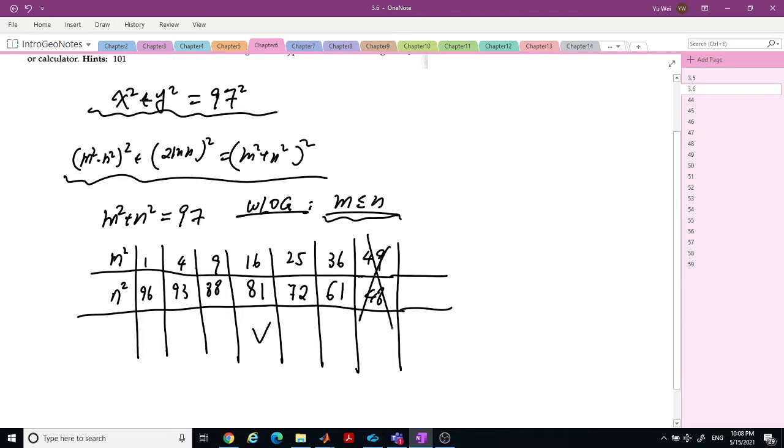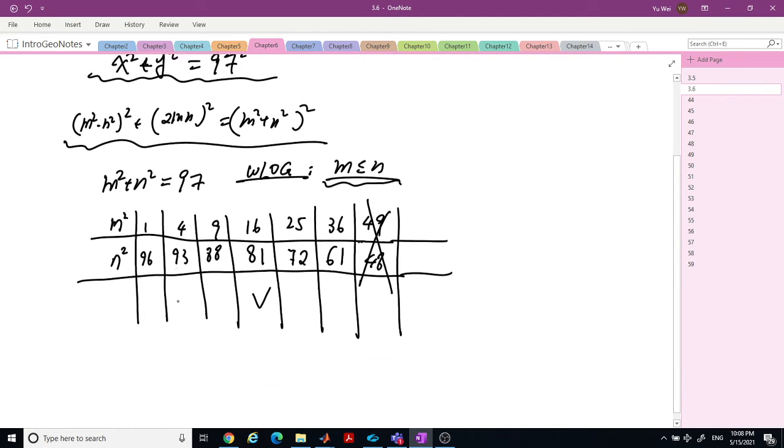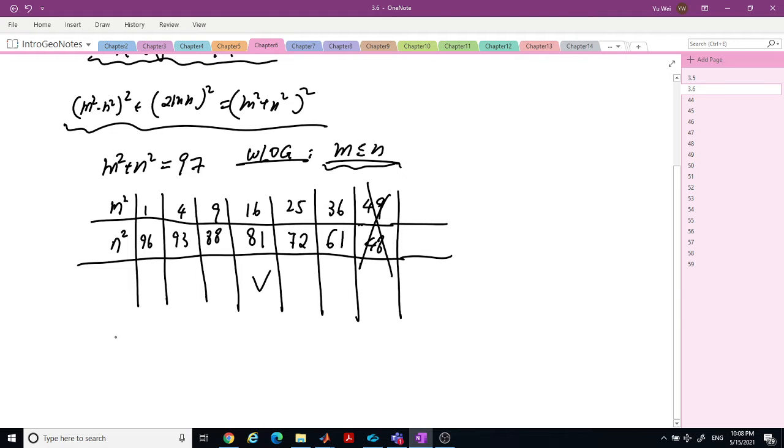So this is done. Now we find the Pythagorean triple: a equals 81 minus 16, c equals 81 plus 16, and b is 2 times 4 times 9.